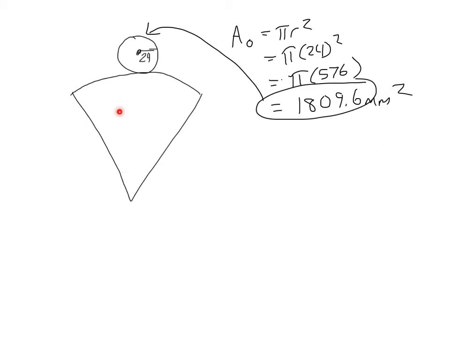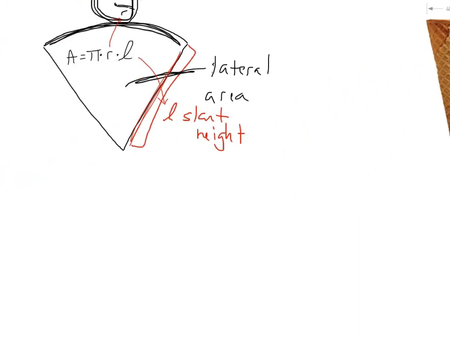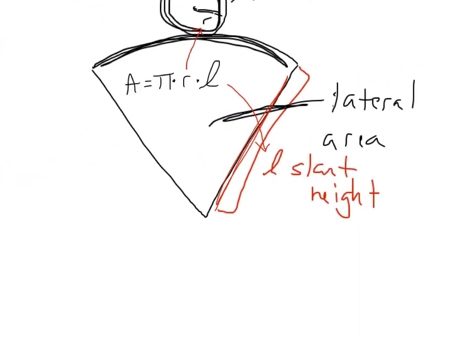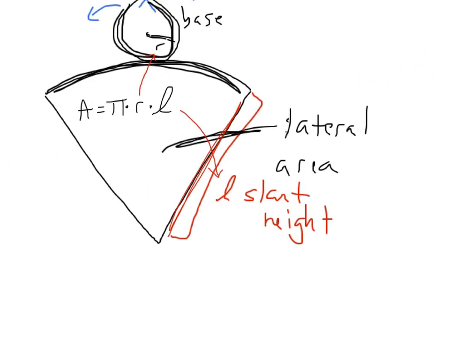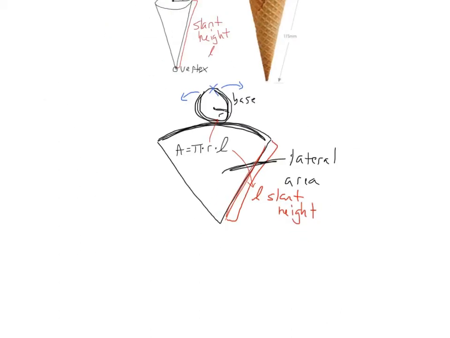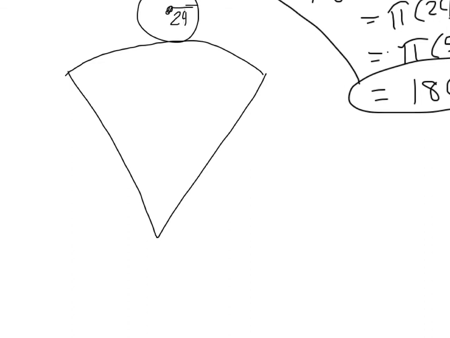Now let's talk about this, and what is this called again? The lateral area. How do we find the lateral area? Let's go back. It's pi times the radius of the base times the slant height, pi RL. The area is going to be pi times the radius times the length.